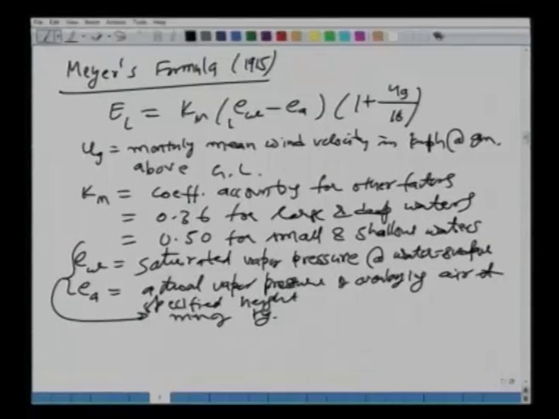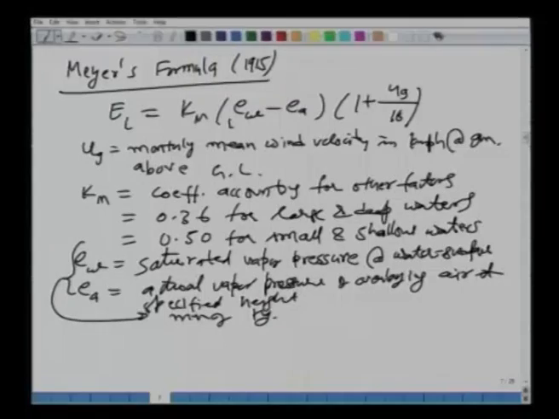So, in this formula, the monthly rate of evaporation EL is a function of two things. It is taking care of two physical factors. One is the deficit. What is EW minus EA?